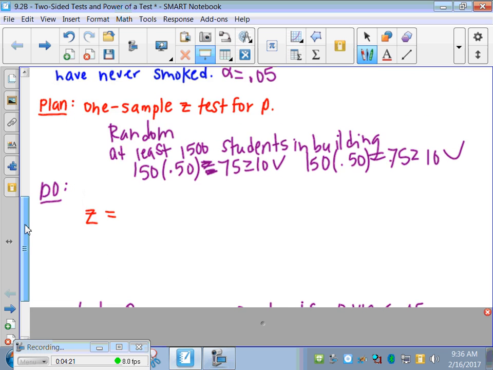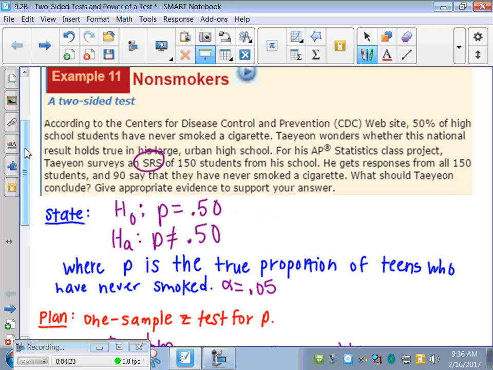So we need to find p hat first. How do I find p hat? Yes, our p hat is 90 over 150. We'll just write this off to the side, okay? And you divide that, you end up getting 0.6.